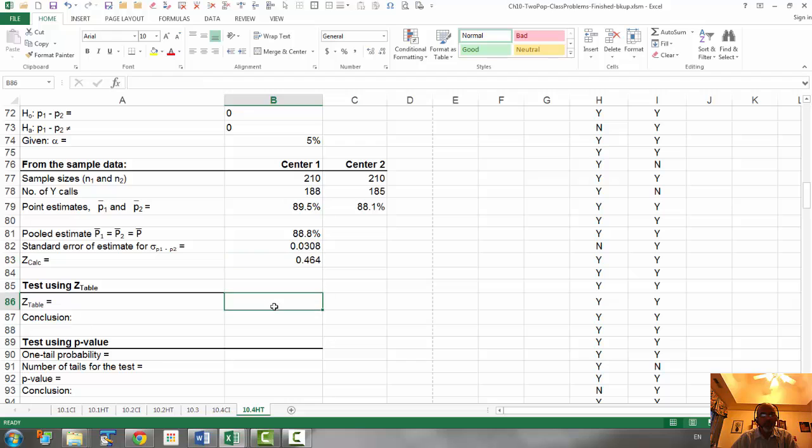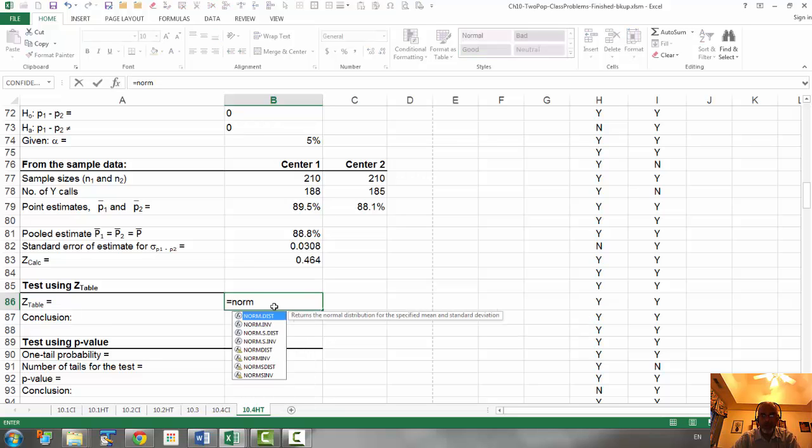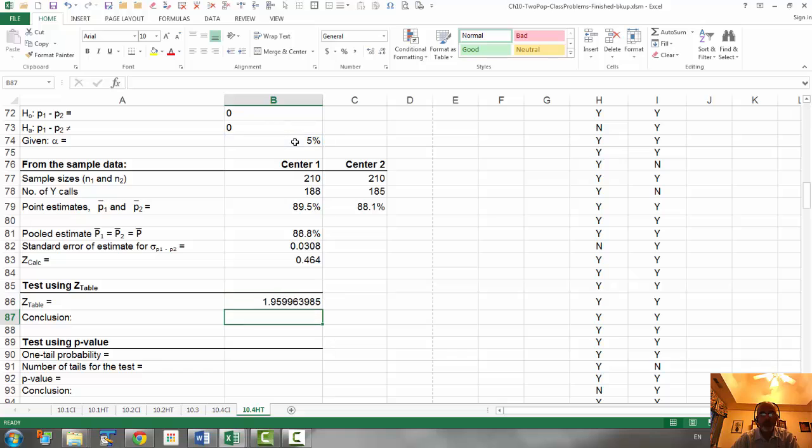Okay, now we can use the Z-table approach or p-value approach. Z table will be NORM.S.INV, and this is a two-tailed test, so we'll do the right side tail. The probability is 1 minus alpha over 2, so that's our cumulative probability.